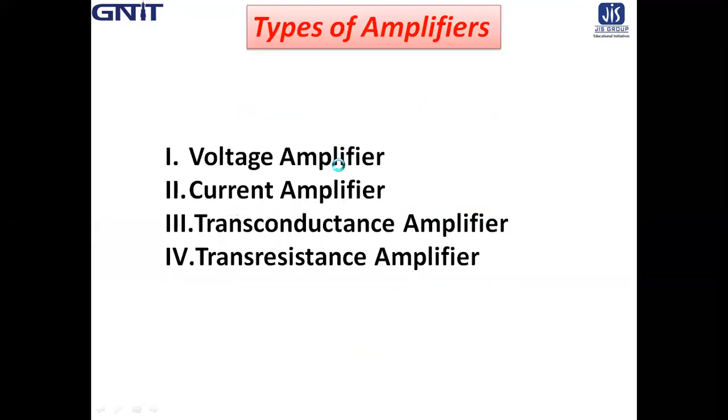So what are the different types of feedback amplifiers present? Amplifiers can be broadly classified into the following 4 categories based on input and output impedances of the amplifier.